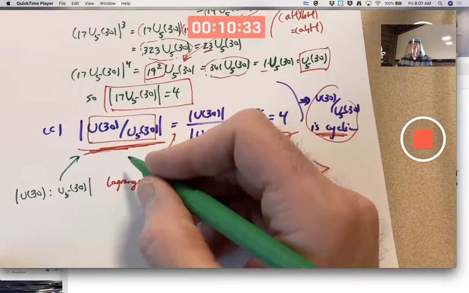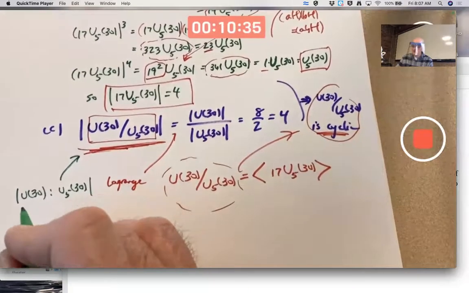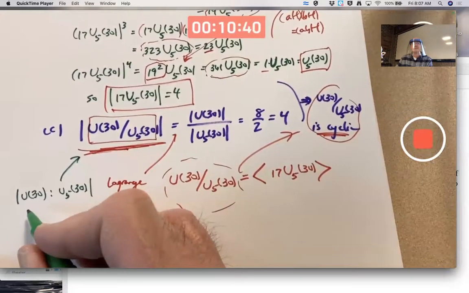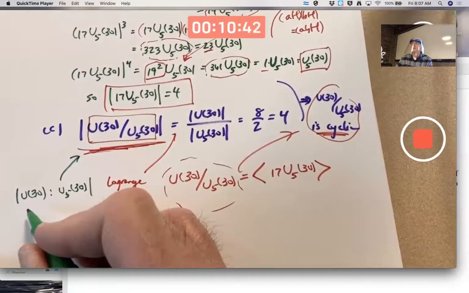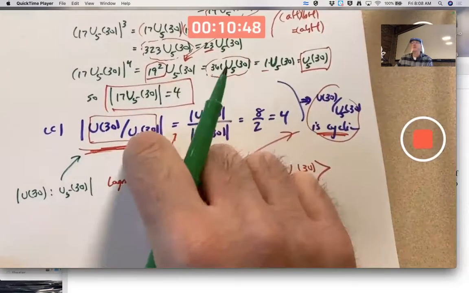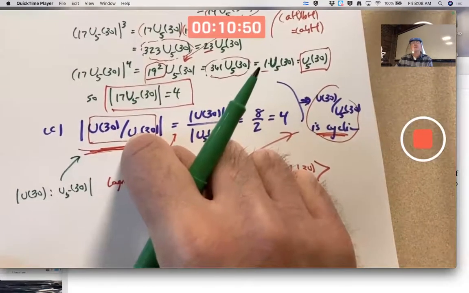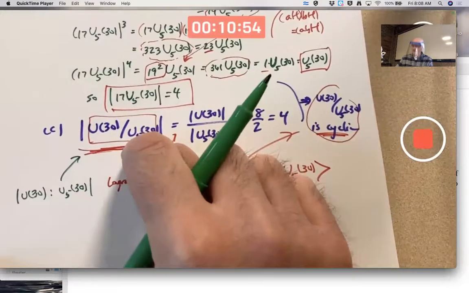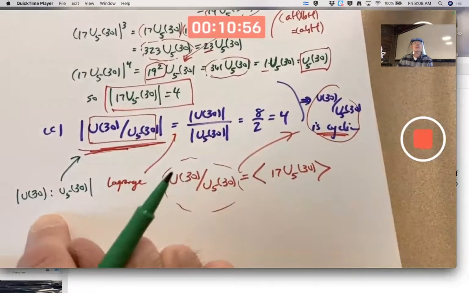Yeah, the number of left cosets. By definition, the index of a subgroup in a bigger group is the number of left cosets, which you can always define whether the subgroup is normal or not. Here the subgroup is normal, so we can also form the factor group, but the elements of the factor group are the left cosets. So you're going to have the same number of elements of this group as what we define the index to be.